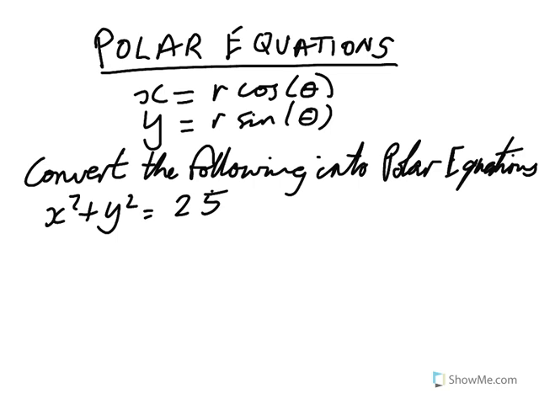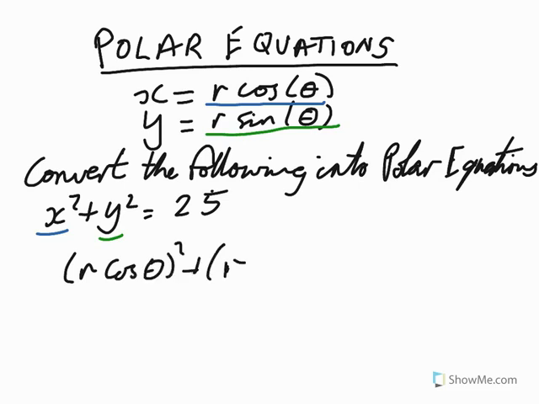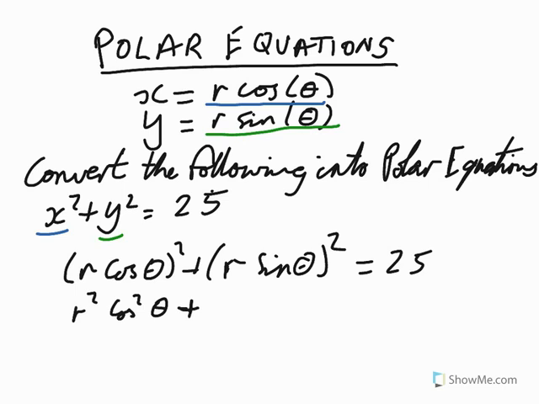So essentially all we do is replace x by the polar form and replace the y by its polar form. So when we do that, we'll have (r cos theta) squared plus (r sin theta) squared equals 25. So you get r squared cos squared theta plus r squared sin squared theta, and that equals 25.